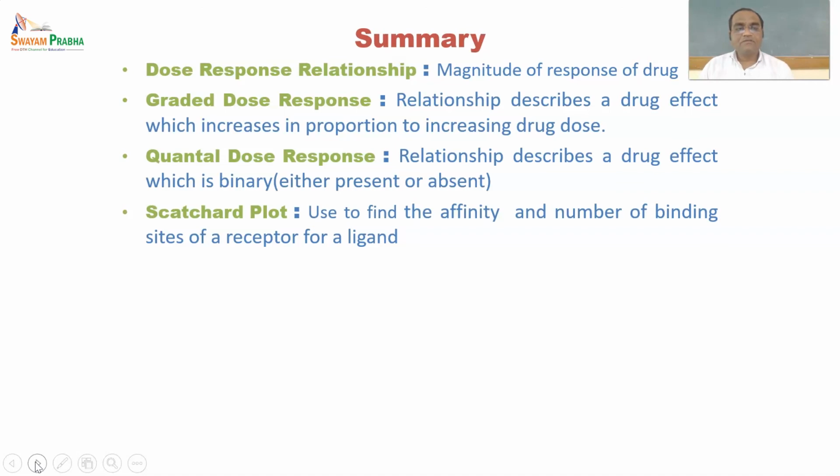We have also seen an equation with the scatter plot: as the number of binding sites decreases, there will be low binding of the ligand, and as the affinity of the ligand for the receptor decreases, again there will be less biological activity, or we can say the slope decreases for that graph. We have seen with an equation how it decreases, with all these 4 examples one by one.